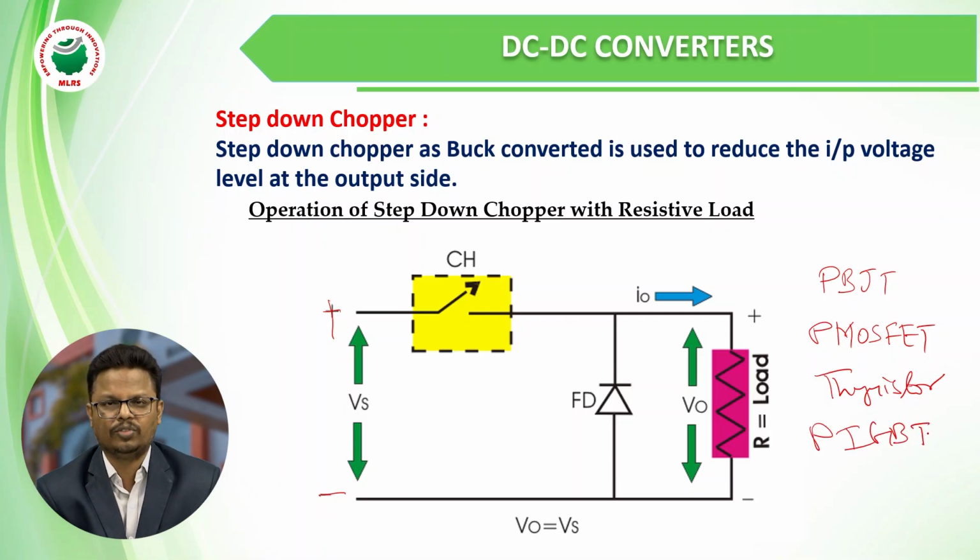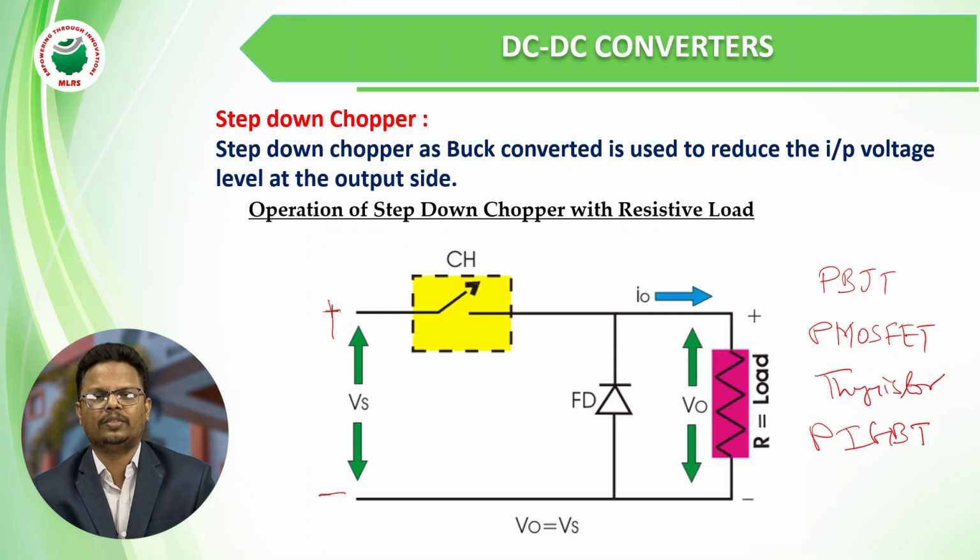In place of this switch, we can use any device according to our convenience and the power ratings. Moreover, we use the thyristor for higher ratings, and for moderate purposes we use the MOSFET or the IGBT. Here we are connecting a diode across the load. That diode is called a freewheeling diode, and we are using an RL load. Okay, so this is the circuit.